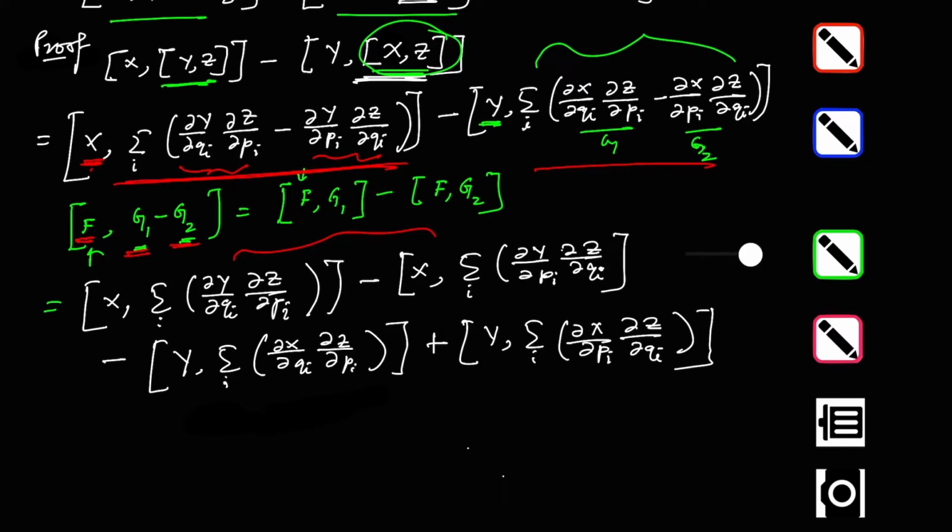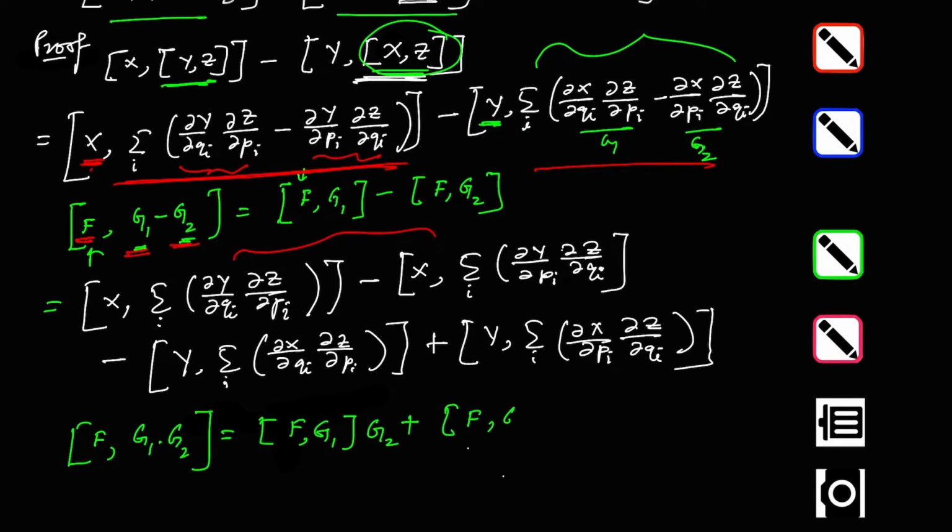Then again we are going to apply the identity for the Poisson bracket of f and the product of two other functions g1 and g2. In that case it gives the Poisson bracket of f and g1, into g2, plus the Poisson bracket of f and g2, into g1.